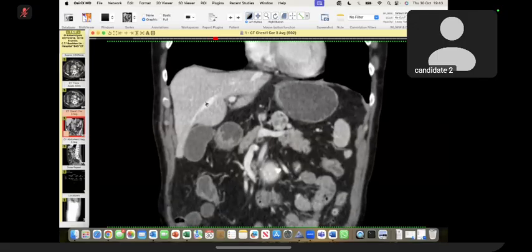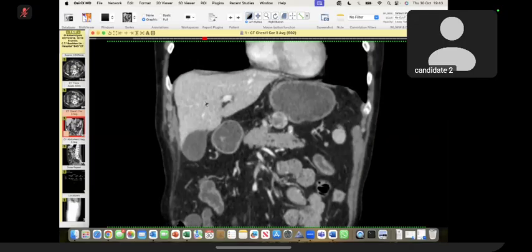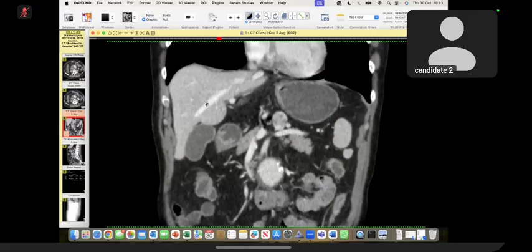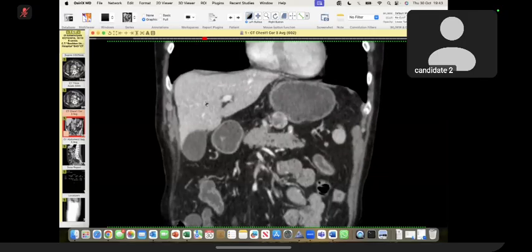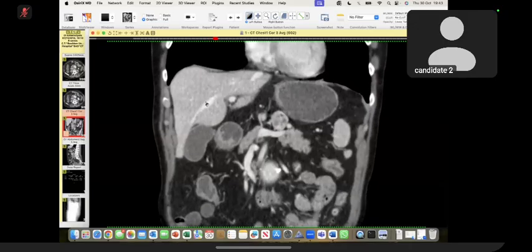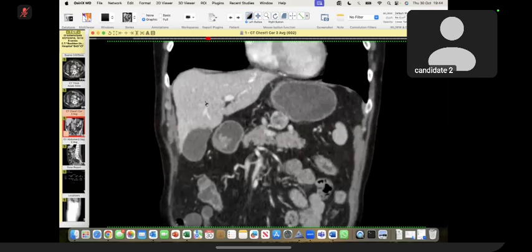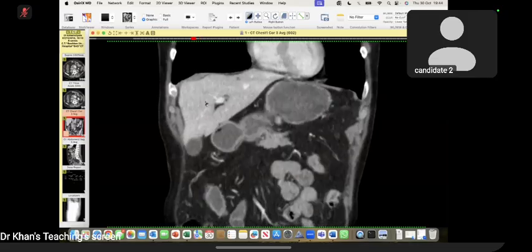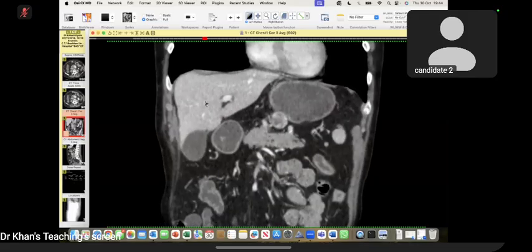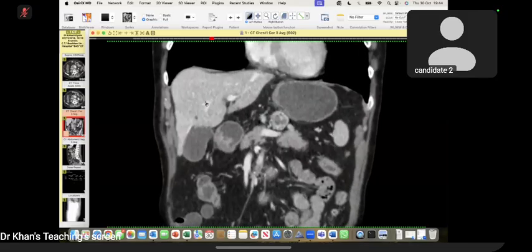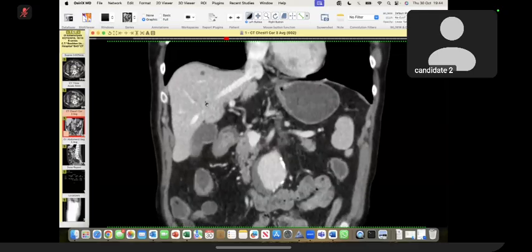It does not appear to have a vascular origin. Though the images are jumping, the vessels appear to pass by the lesion discretely, without any clear connection with any vessels.